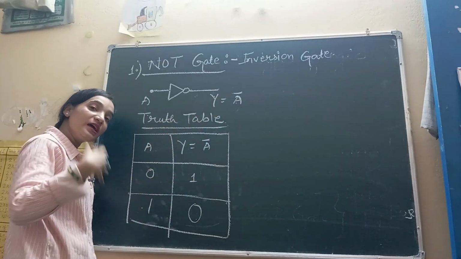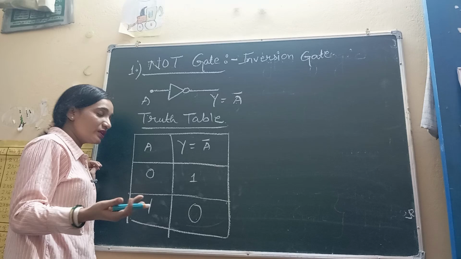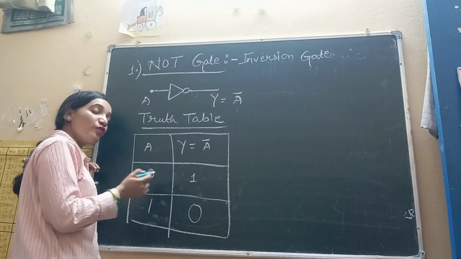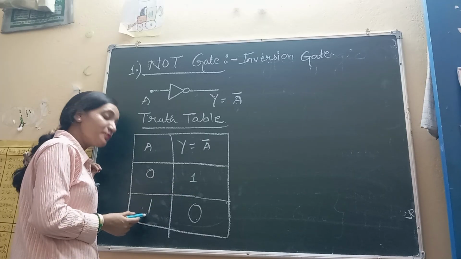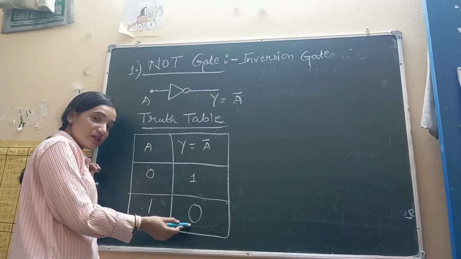Bar means we have to invert the input, so 0 becomes 1 and 1 becomes 0. When there is low input, we get a high output, and when there is high input, we get a low output.